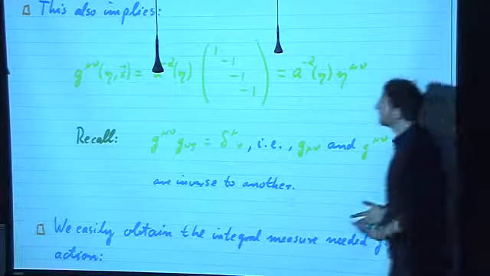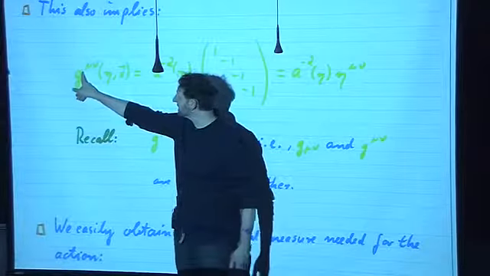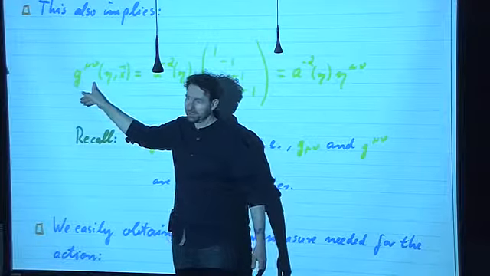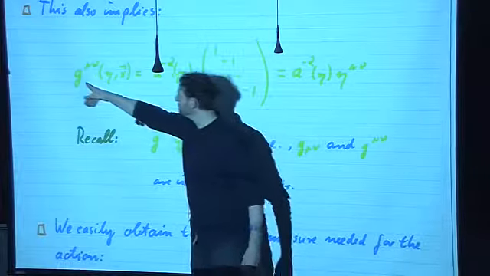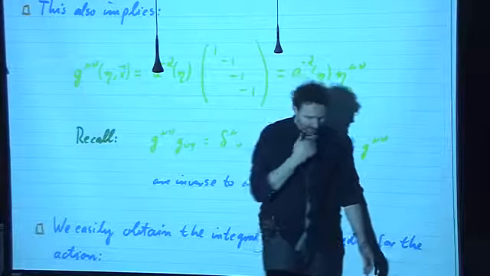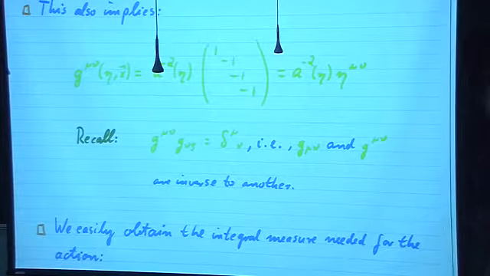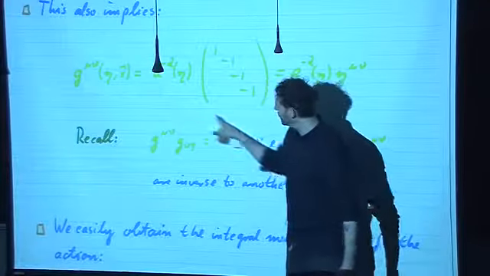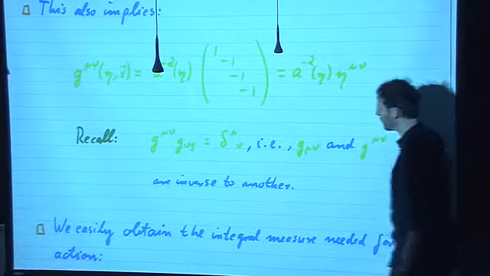It's because the metric with upper indices is literally the inverse matrix to the metric with lower indices. Therefore, since the g with lower indices has an a squared here, the g with the upper indices has a 1 over a squared. Right? We always have that. In whatever coordinate system you choose, that's always true.